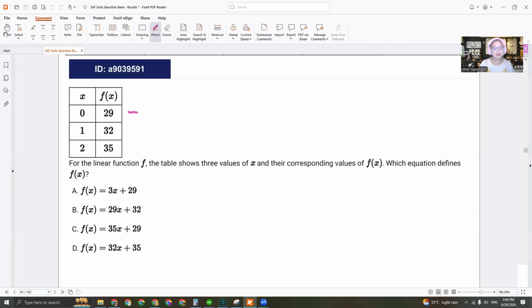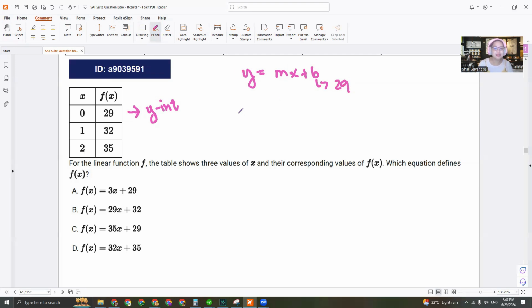The y-intercept is the value of y when x is equal to 0. We're working with the slope-intercept form, where b is the y-intercept. So from here, we know that b is 29, the initial value.